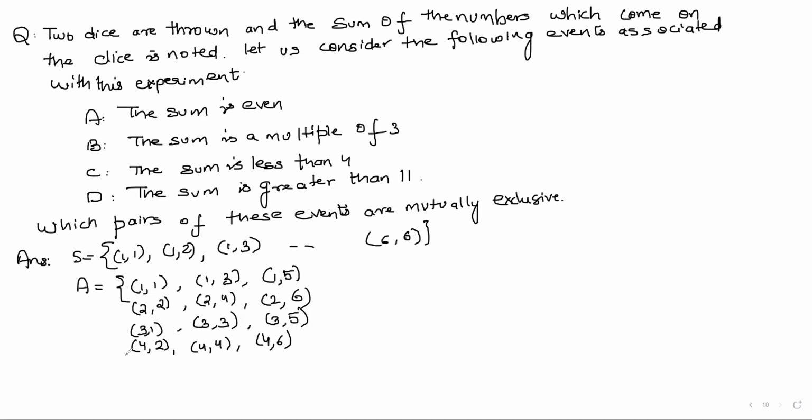Next 5 comma 1, 5 comma 3, and 5 comma 5. Last, for 6, we take 6 comma 2, 6 comma 4, 6 comma 6. Okay, so these are the outcomes.